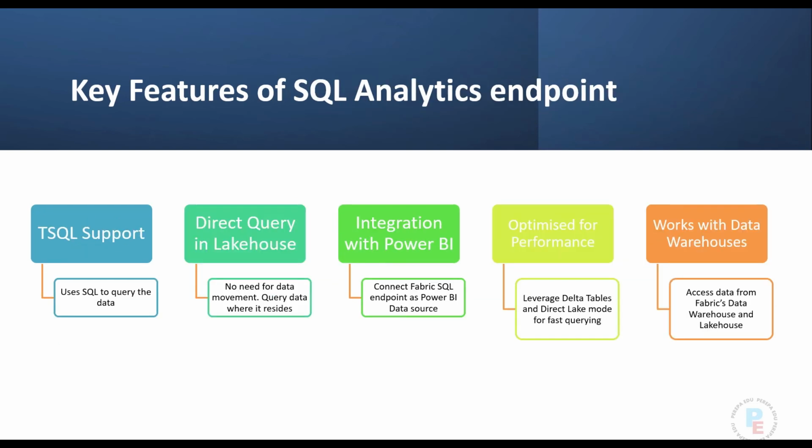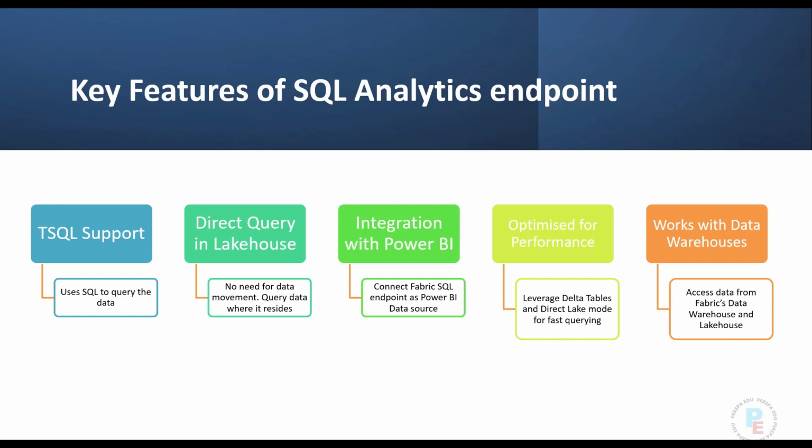Next is the SQL Analytics Endpoint. It gives us T-SQL support so that we can query the data, with no need for data movement; we query data where it resides. We can integrate with Power BI very easily, and it is very much optimized for performance because it leverages the data tables and Direct Lake mode for fast querying and accessing the data from Fabric's data warehouse and Lakehouse.